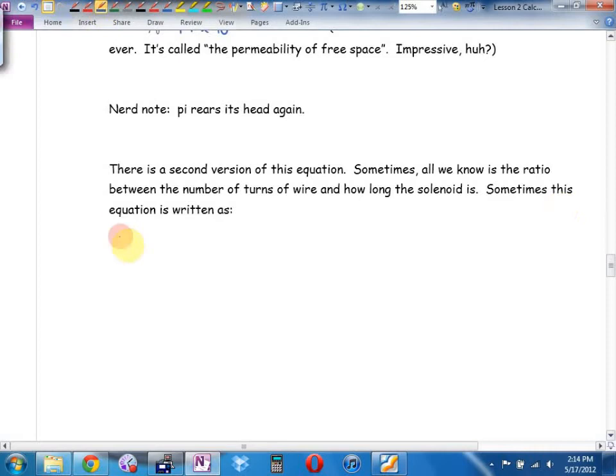And they write it this way, where n is the number of turns per meter. That's the rating of the solenoid.